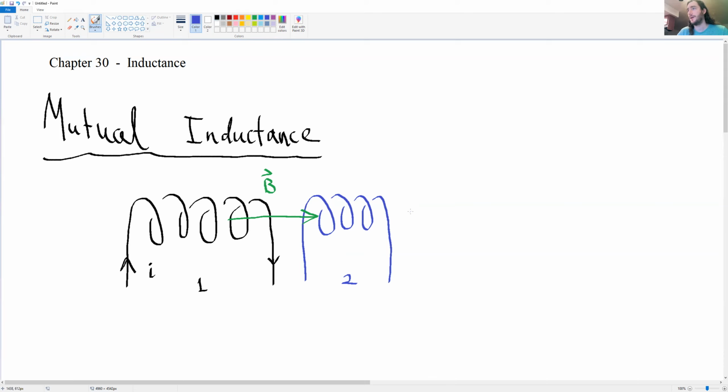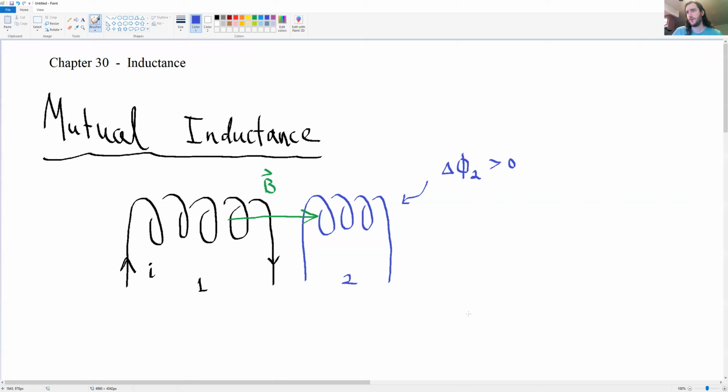Let's make a note here: the change in flux for coil 2 is going to be bigger than 0. It's increasing. And because the flux is changing, Faraday's law tells us there's going to be an induced current, an induced voltage, an induced magnetic field, and so on. How much current will be induced in the circuit?